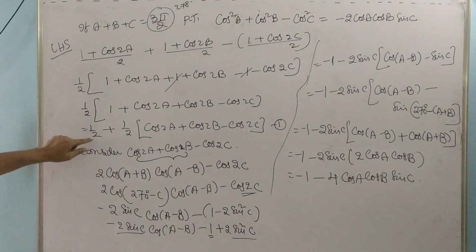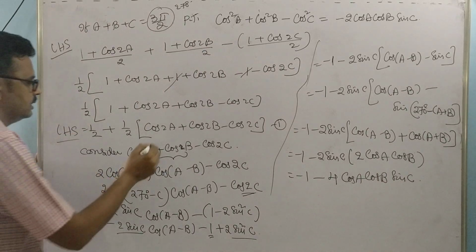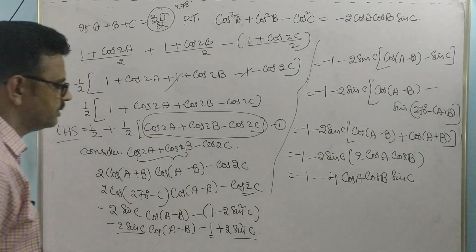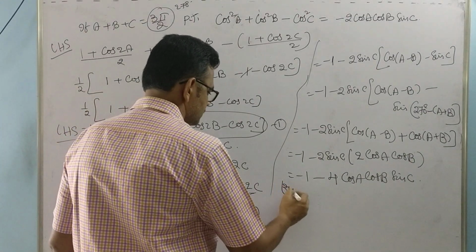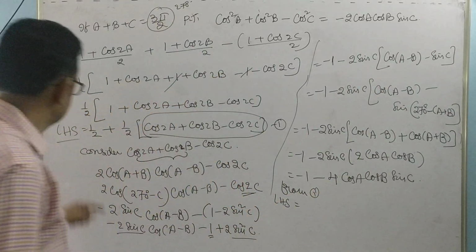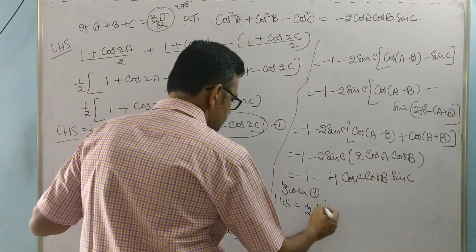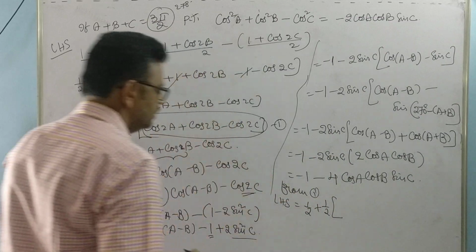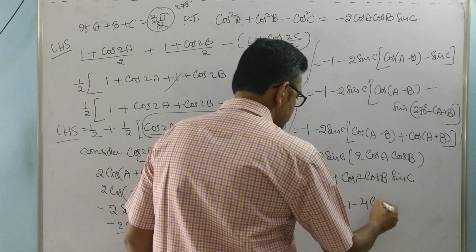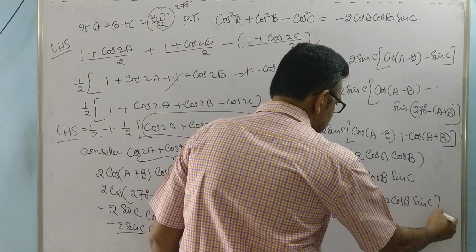Now from 1, in place of this, write the value. So LHS is equal to 1 by 2 plus 1 by 2 of (minus 1 minus 4 cos A cos B sin C).